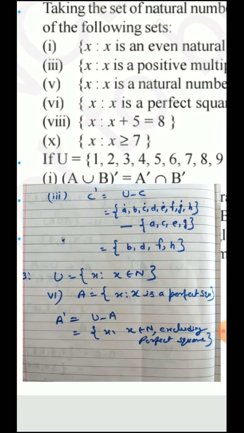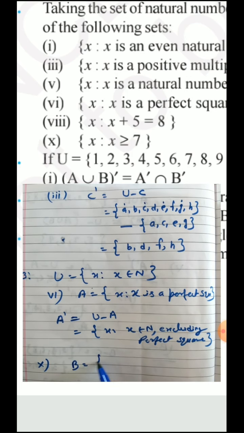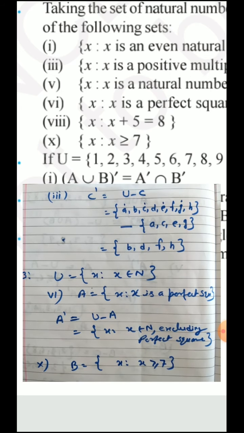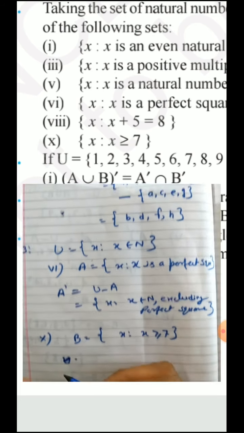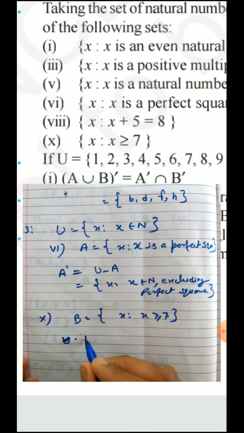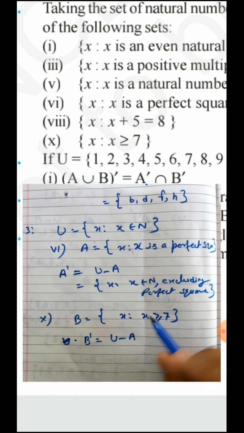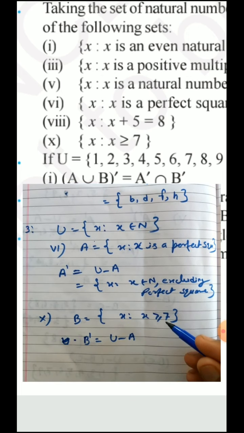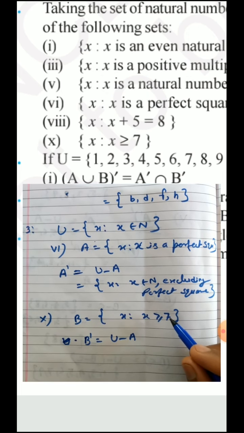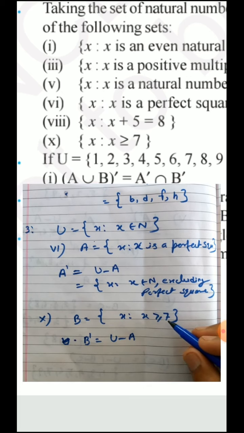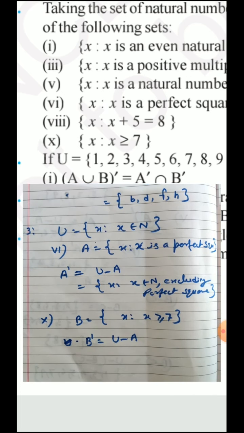Okay. One more question. It's the 10th part. Let us suppose this is set B. Set B equals X such that X is greater than or equal to 7. Means U equals the set of natural numbers. Therefore, B dash equals U minus B. Means if I expand this B, the elements of B will be greater than or equal to 7: 7, 8, 9, 10, 11, 12, and so on.